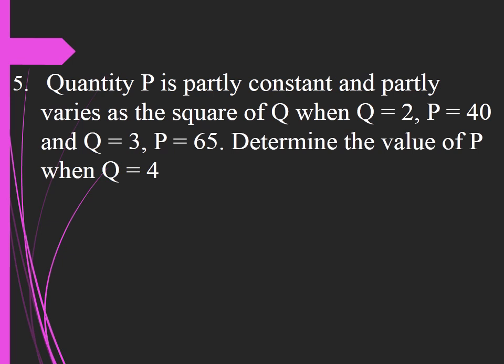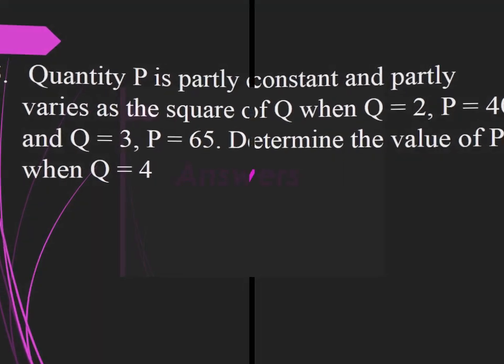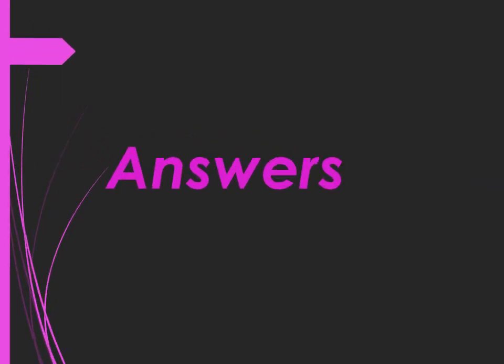Quantity p is partly constant and partly varies as the square of q, and q is 2 when p is 40 and q is 3 when p is 65. Determine the value of p when q is 4. Then we can go to the answers.